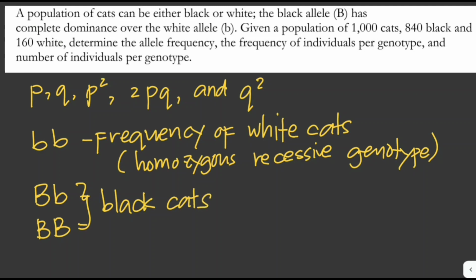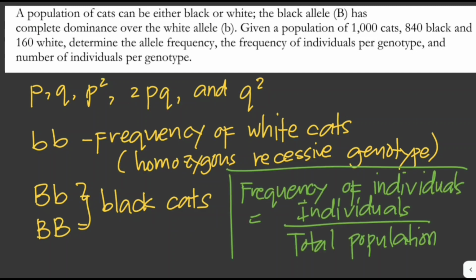It has two genotypes, therefore the frequency here cannot be directly determined. Now, to solve for the frequency of individuals, we just have to divide the number of individuals by the total population. So we can determine the frequency of white cats first.